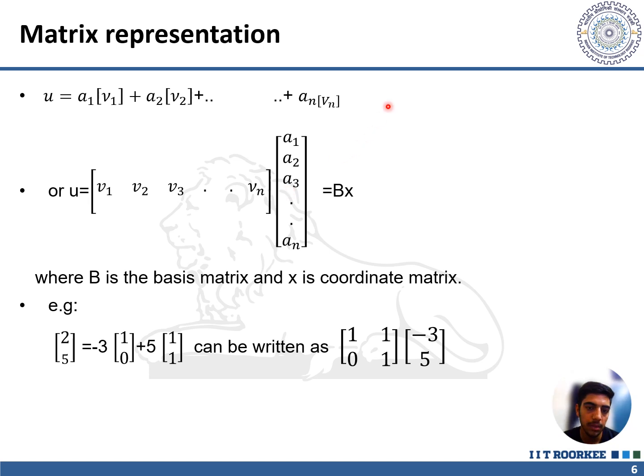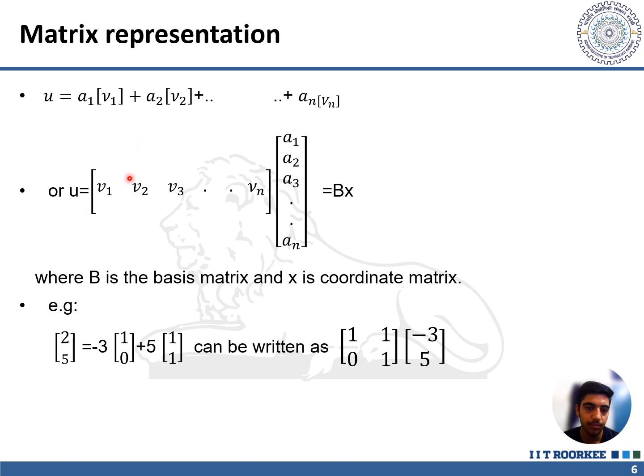So this B is an invertible matrix, and X, which we have used, is the coordinate matrix. You can see that this multiplication and addition operation can also be represented as a matrix multiplication.